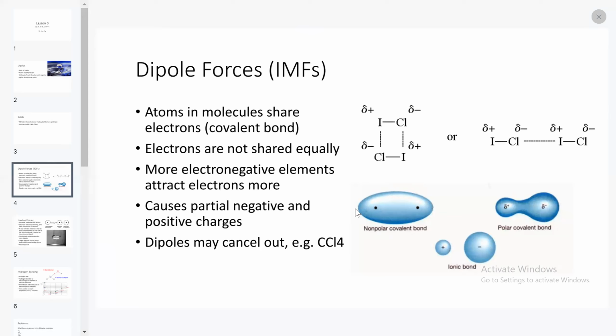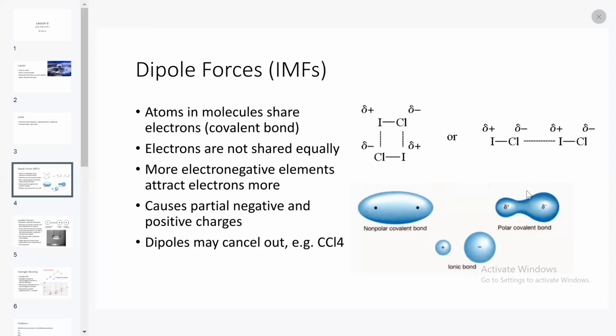So here we can see this picture shows a sort of distribution of electrons. This is the shape of what's called an electron cloud. You can see for this nonpolar covalent bond, all of the electrons are very evenly distributed. So there's no difference in electronegativity.